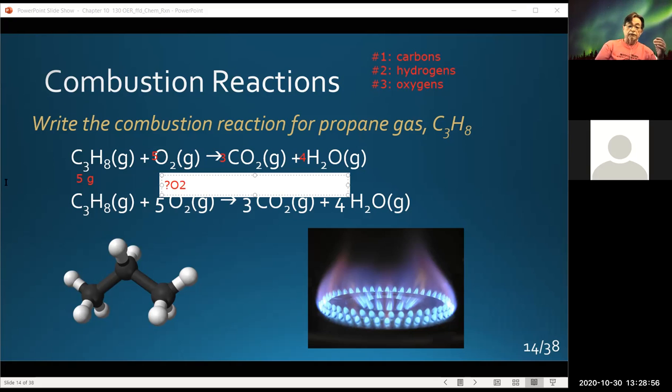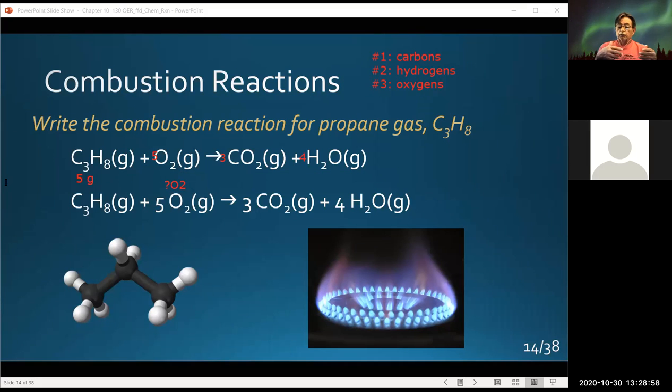Well, there's a couple of steps in between, but one of the steps is that ratio of 1 to 5 between propane and oxygen. So it's important that we learn how to balance chemical equations, okay? Because we're going to be using them later on.